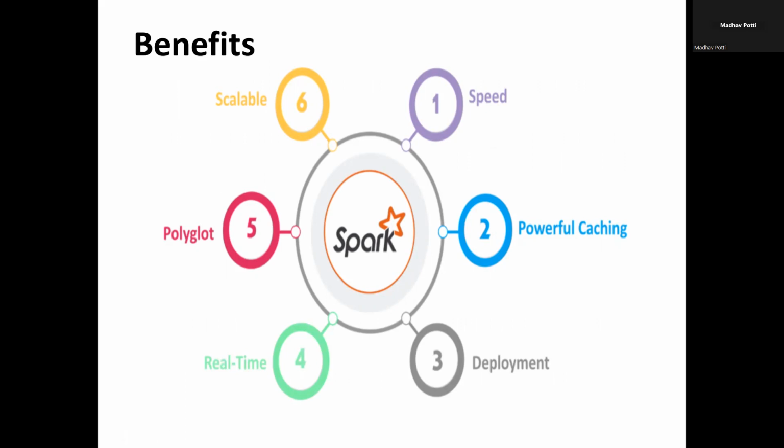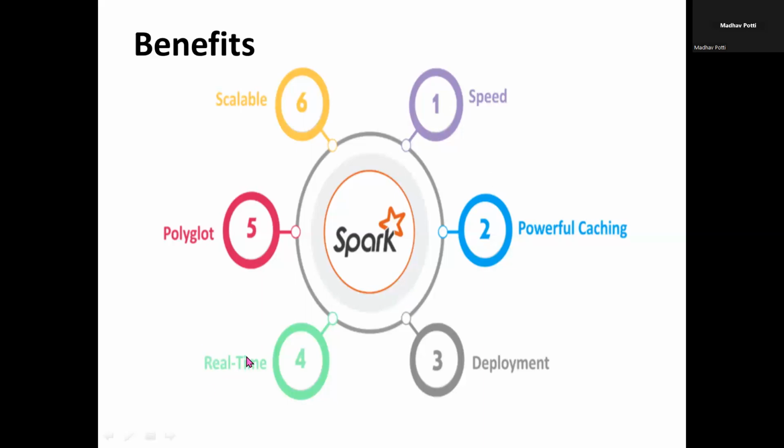But before that, it's polyglot, so it supports multiple languages, and it's scalable. Whether you process 1 GB of data, 100 GB, 1 TB, or 100 petabytes, it scales automatically, scaling in and scaling out.